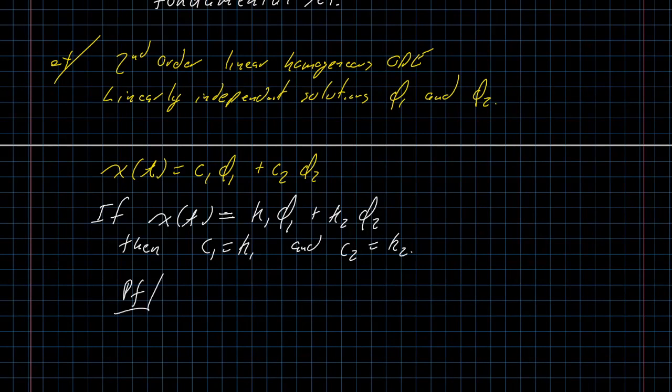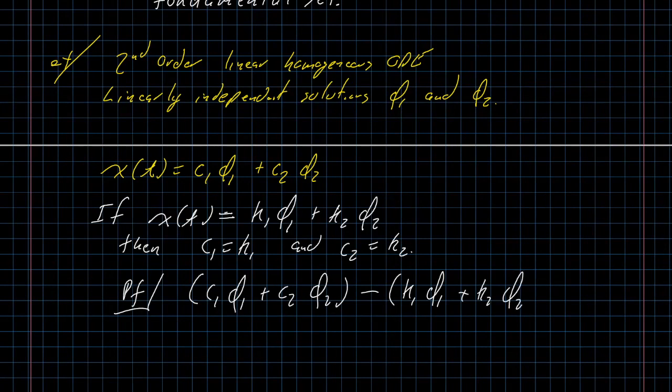The proof of that is actually pretty straightforward. If I take c1 phi1 plus c2 phi2 and subtract from it k1 phi1 plus k2 phi2, well, I can rearrange this and write this as c1 minus k1 times phi1 plus c2 minus k2 times phi2.